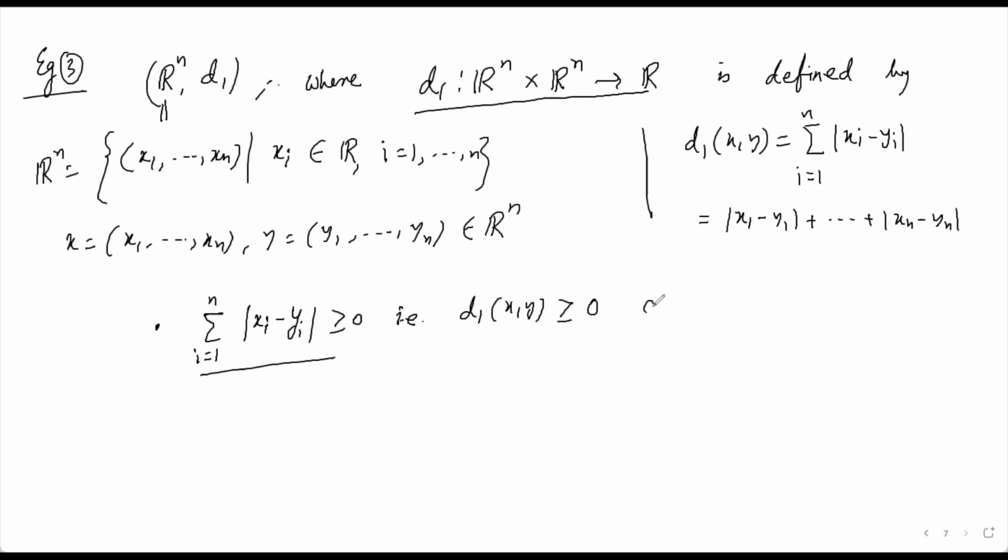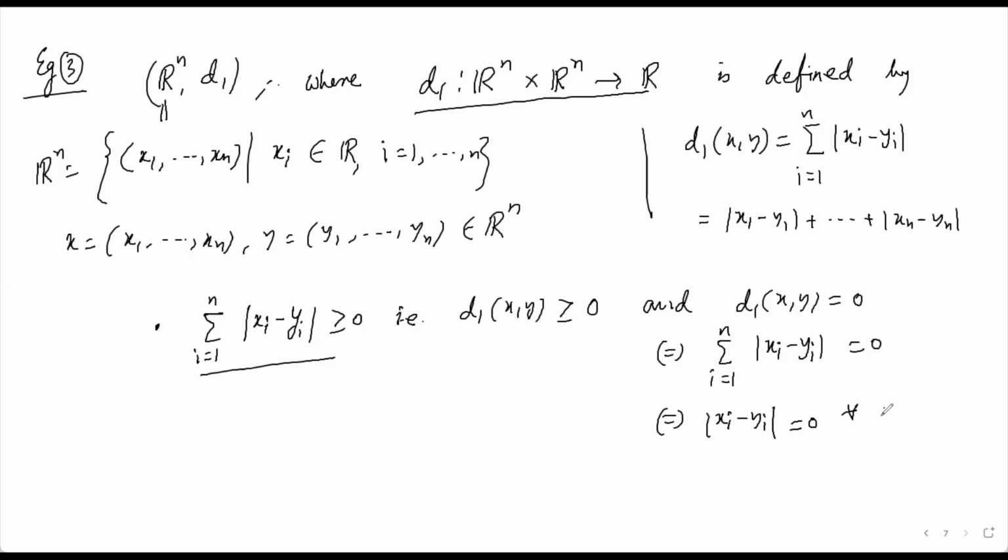0, and equality holds when d1 of x comma y is equal to 0 if and only if the summation over i equal to 1 to n of the absolute value of xi minus yi is equal to 0. A sum of non-negative reals is equal to 0 if and only if each summand is equal to 0. So if and only if the absolute value of xi minus yi is equal to 0 for all i equal to 1 and so on n.